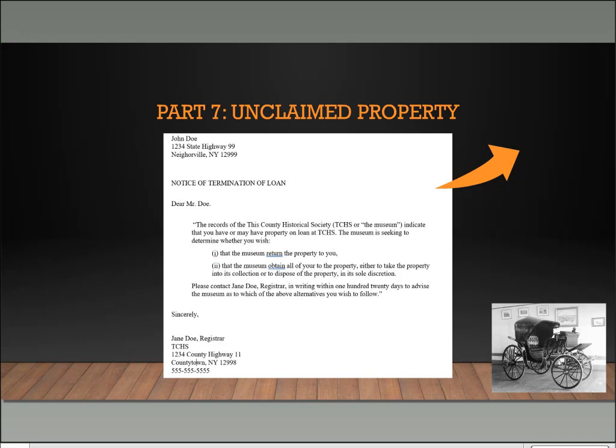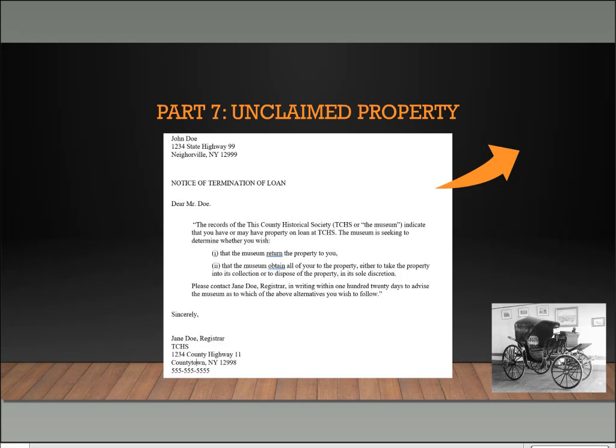Think really, really hard about whether you even want to include "let's continue this loan" as a choice in the piece of mail you send to John Doe. In most cases, you're not going to want to continue this loan with this non-responsive lender. So don't even put that in there. You're not required to continue it as a loan.